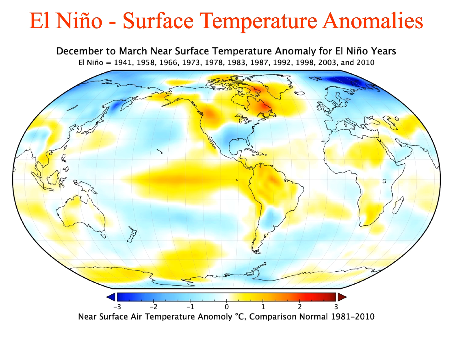So here I've created a surface temperature anomaly map associated with some of the major El Nino events since 1940. So an event in 41, 58, 1966, 73, 78, 1983, 1987, 1992, 1998, 2003, and 2016.